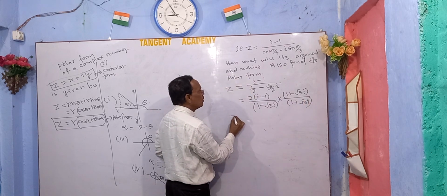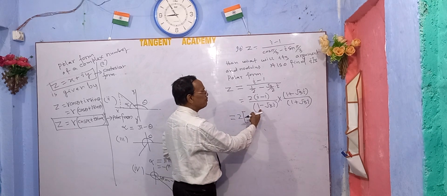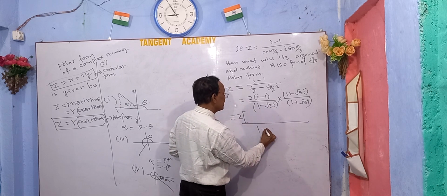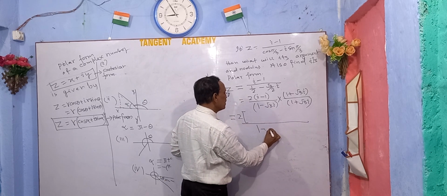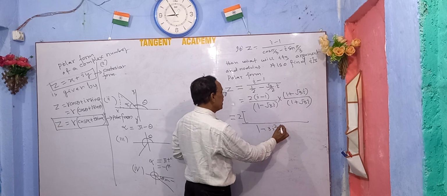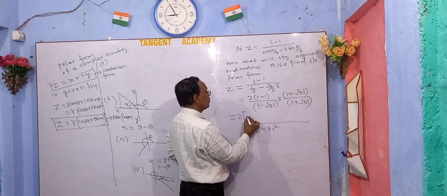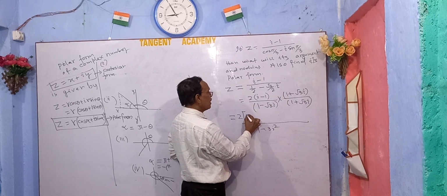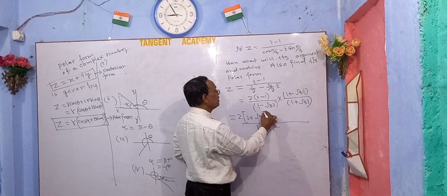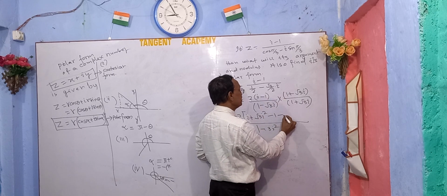After multiplication we get a plus b times a minus b. The denominator is a square minus b square, that is 1 minus 3i square, and the numerator will be, twice taken common, i minus 1 times 1 plus root 3i.